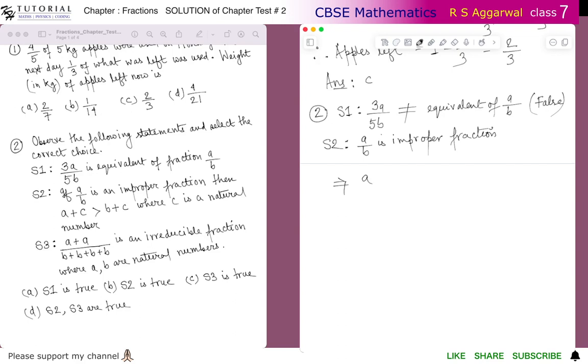So this implies A is greater than or equal to B.